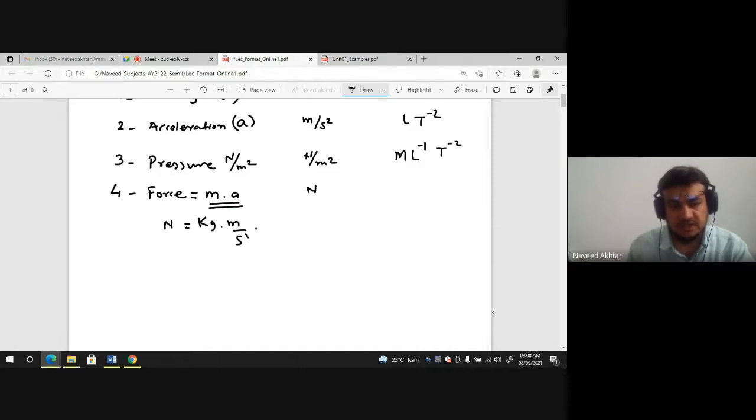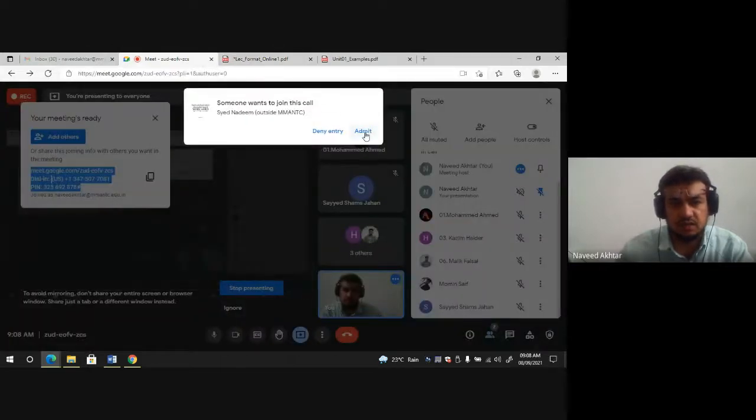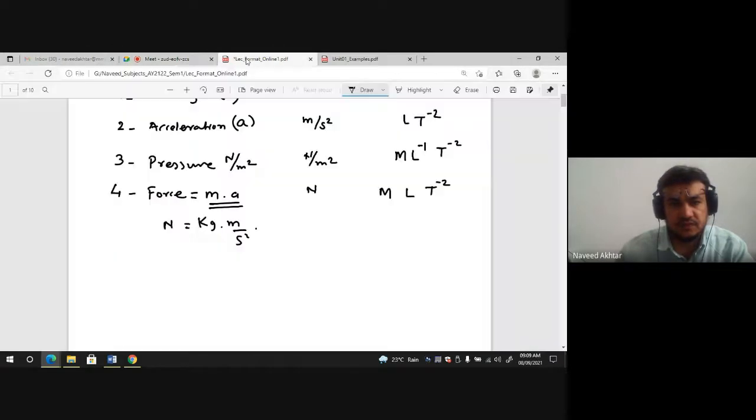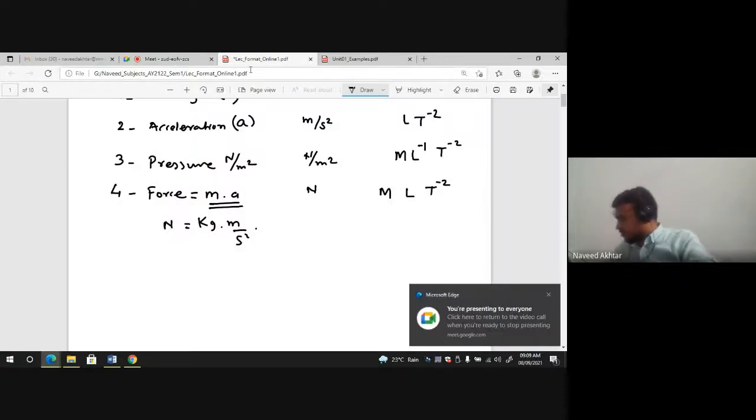Mass is measured in kg and acceleration in meter per second square. So the dimension, if you write mass in kg, meter as L, is M L T raised to minus 2.